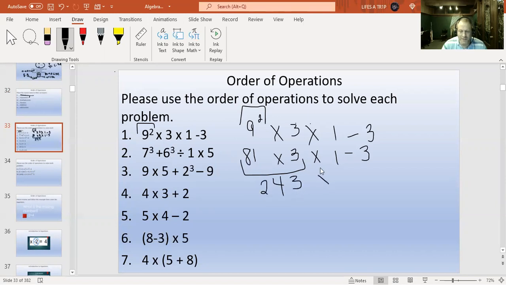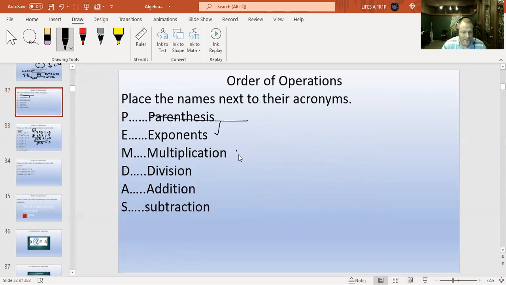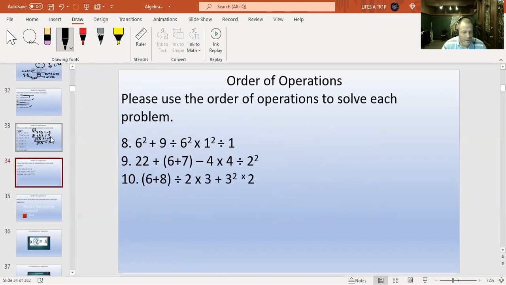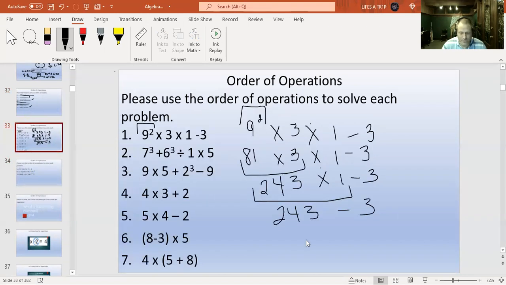And then we actually have two sets of multiplication. 243 times 1 is 243 minus 3. Do we have division? No, no addition, but we do have subtraction. And that's going to be 240, your answer. 240 is your answer.